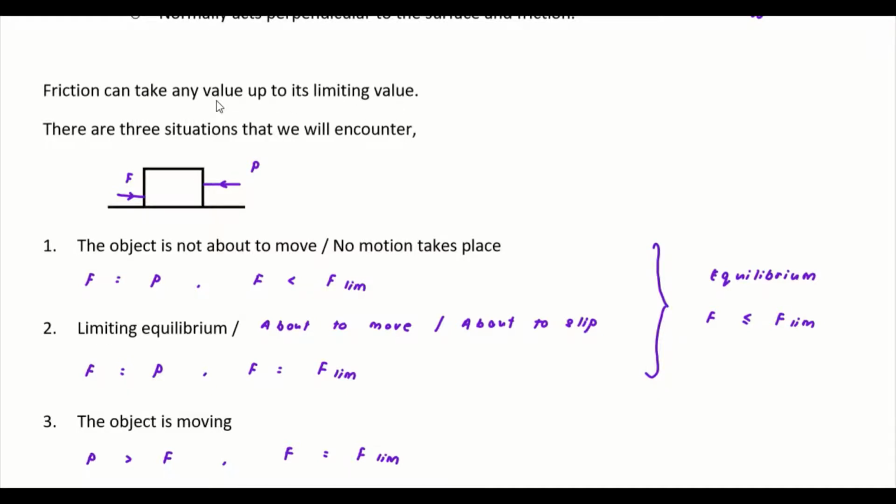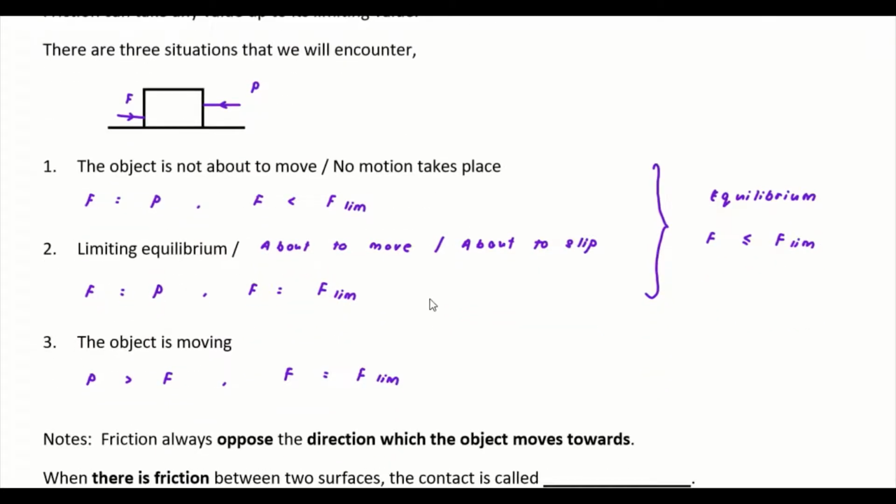So your friction cannot be more than your limiting friction, because your limiting friction is your max value already. Once your friction reaches its limiting friction, there will not be any extra friction that you can add to balance the force. So that's why the object is moving. Okay, so that's the three ideas.